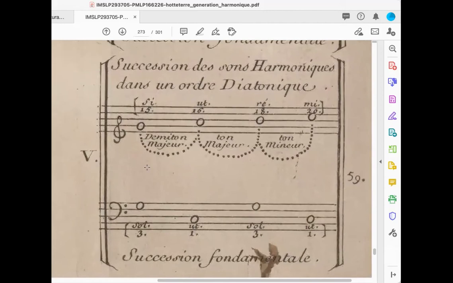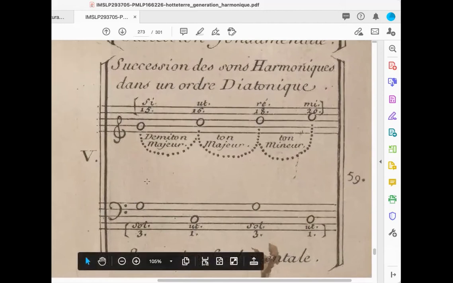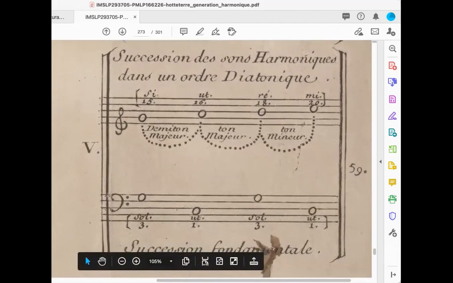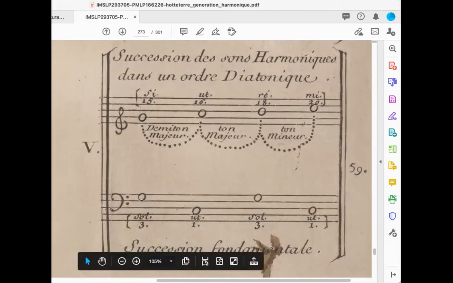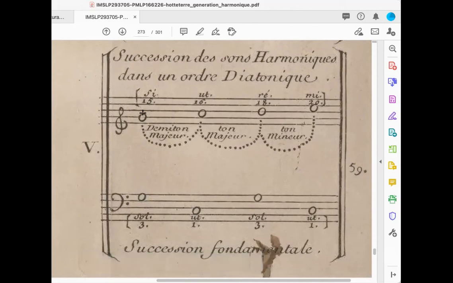So with the G as a fundamental base, so now this bottom line is basically a fundamental baseline. We've got G generating B above it, and we'll call that 15. The C generates, of course, a C above it, and we'll call this 16.